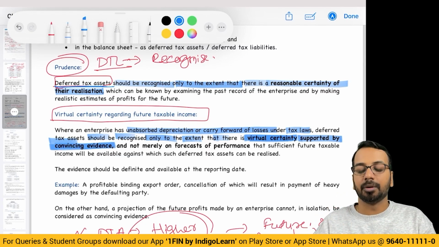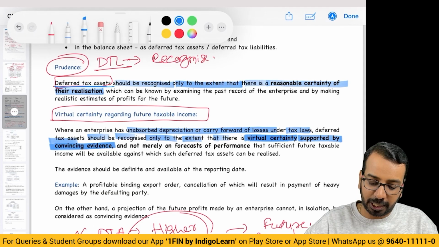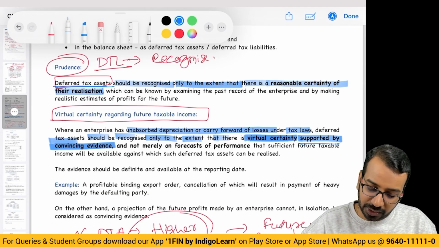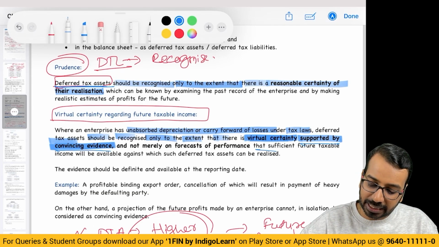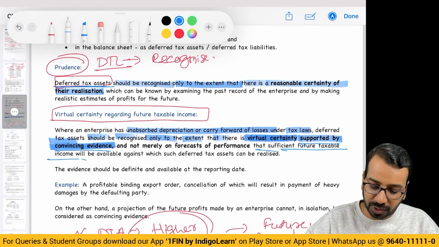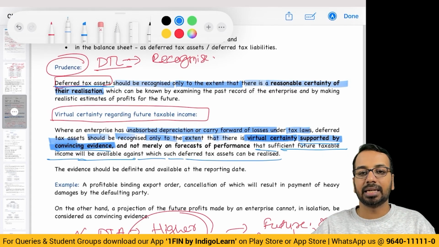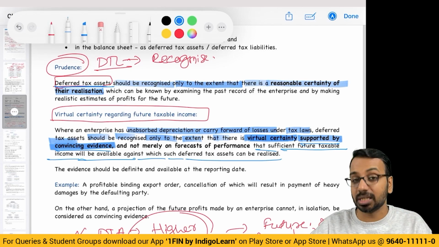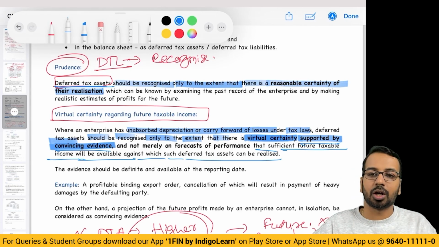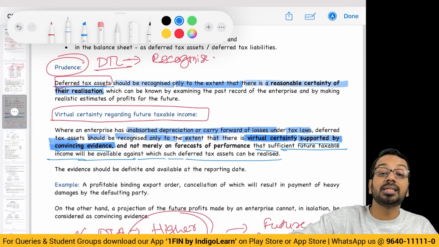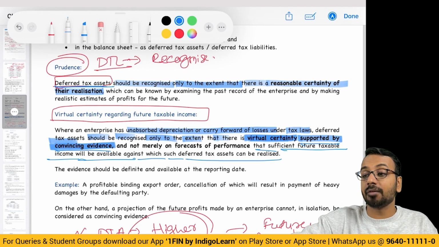This term you have to remember: virtual certainty supported by convincing evidence that sufficient future taxable income will be available against which the deferred tax asset can be realized. So if I am recognizing losses, I have to see, is there a virtual certainty?